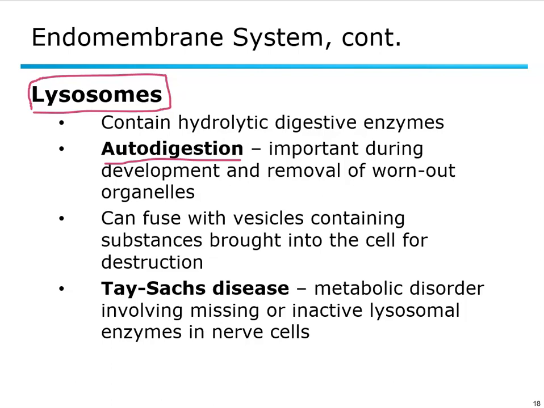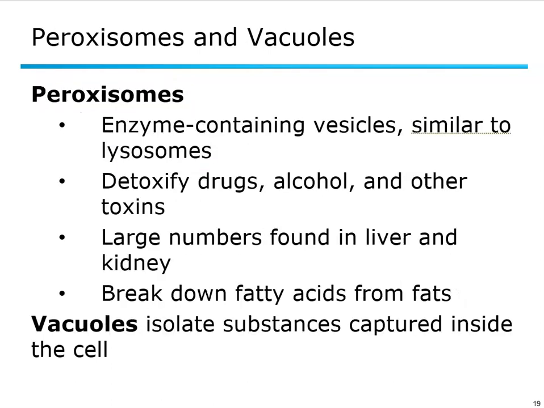Other organelles working as a garbage disposal are the peroxisomes, but they have peroxidases inside of them, which are enzymes to digest specific substances such as drugs, alcohol, and other toxins.